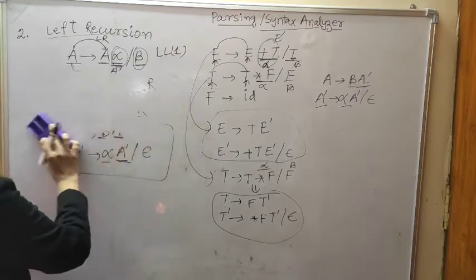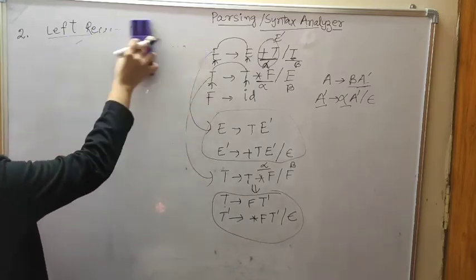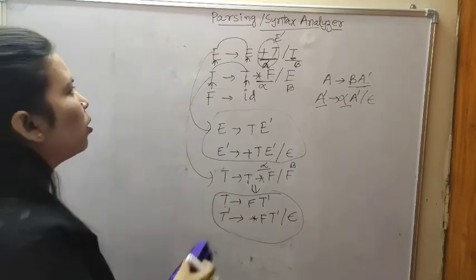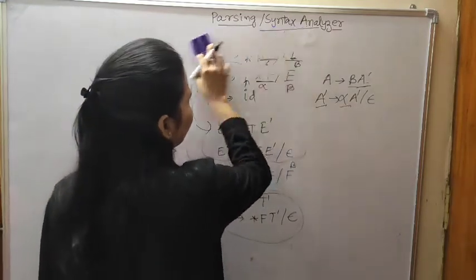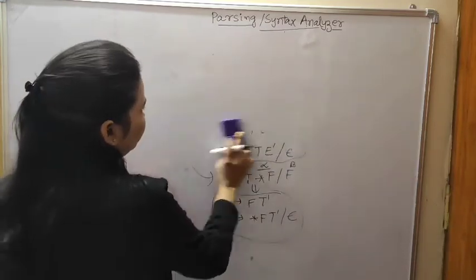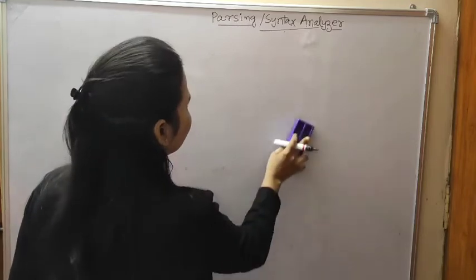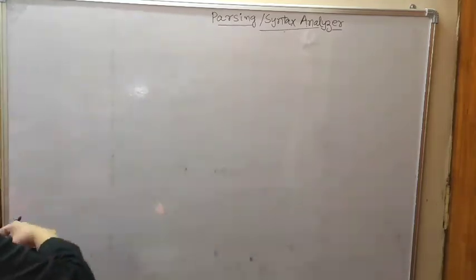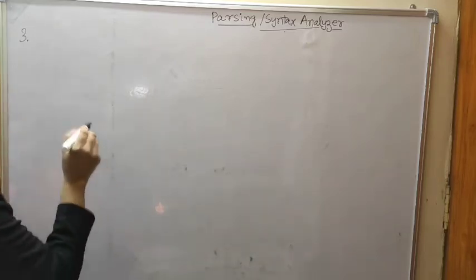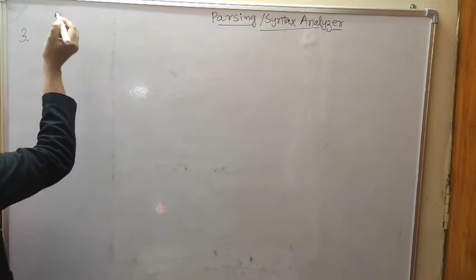And next we will see number 3, that is the left factored method. The left factor method is the elimination of the backtracking problem. Now number 3 you will see. Backtracking problem. It is also called non-deterministic.